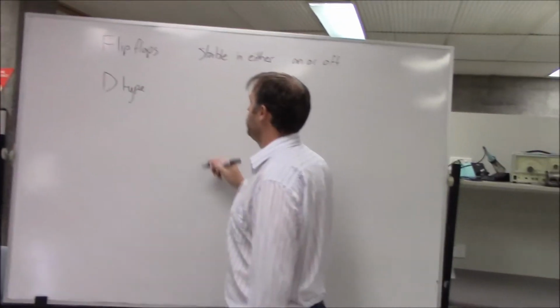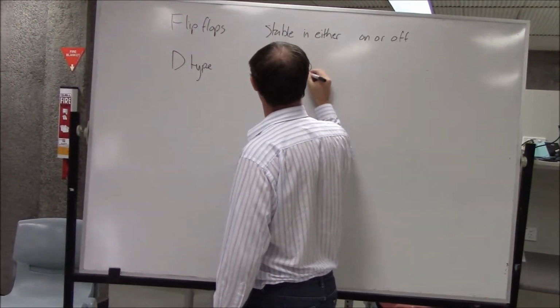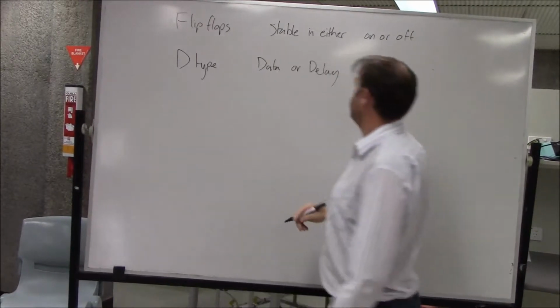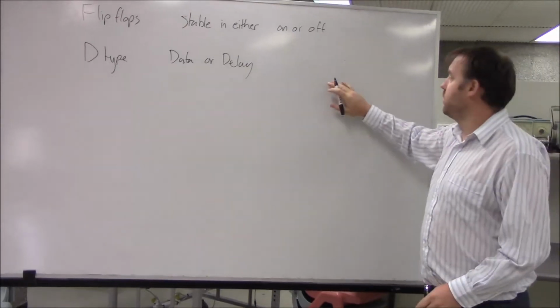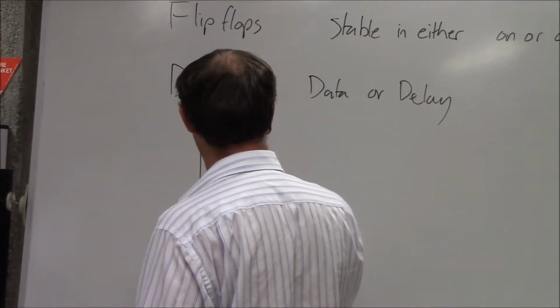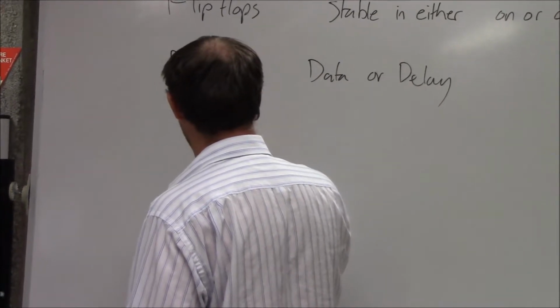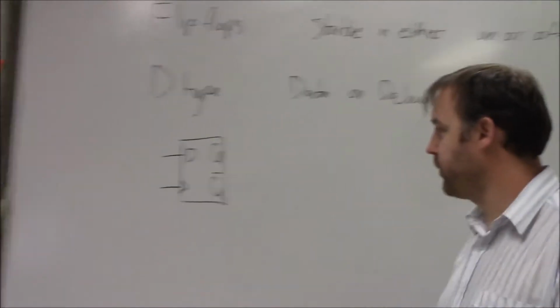Okay, D can stand for data or delay, and you'll see why it's called that in a moment. So the symbol is very similar. We've got a D and our clock symbol.